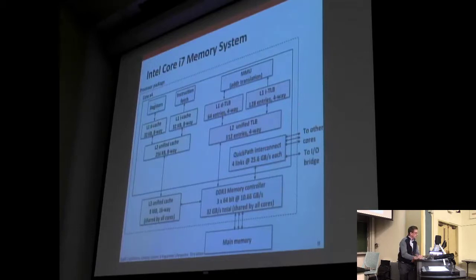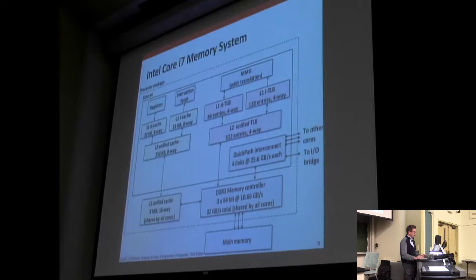Each of these cores has a register file, and some hardware that fetches instructions. It has 2 L1 caches. There's a data cache called a D cache, which holds data fetched from memory, and an instruction cache called an I cache, which holds instructions fetched from the code region.